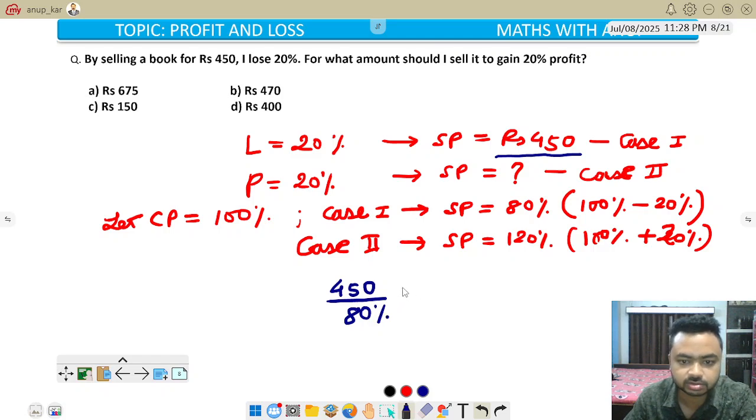What we have been asked to find out is the selling price for this profit percentage. So this profit percentage is 120%.